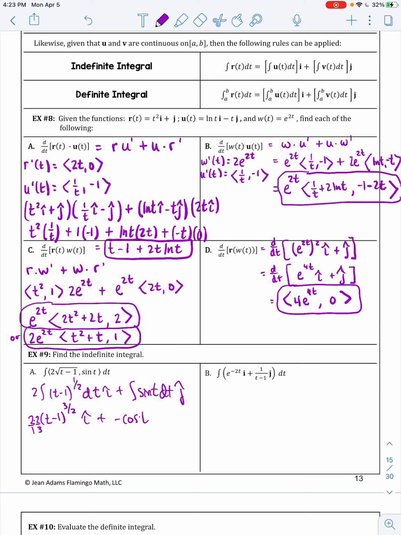That would be negative cosine t times j, and then plus c. So this would be 4/3 times t minus 1 to the 3/2 times i minus cosine t times j plus c.